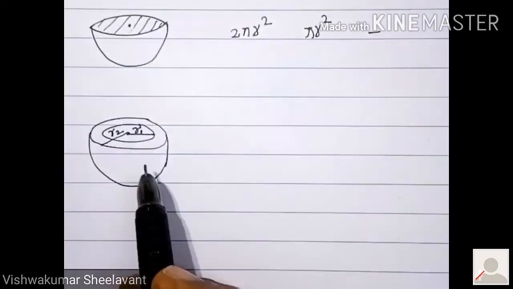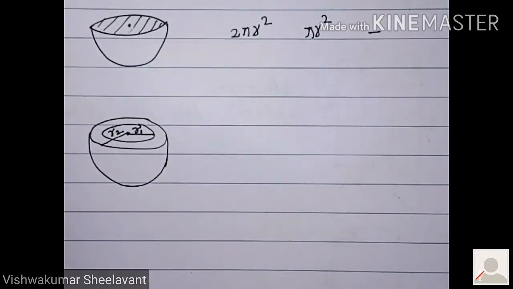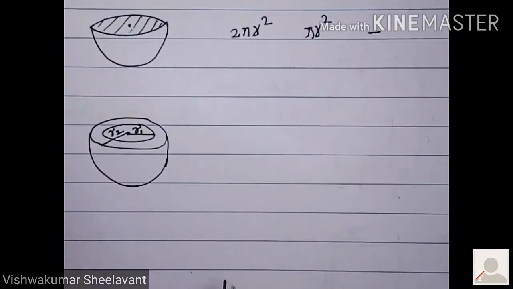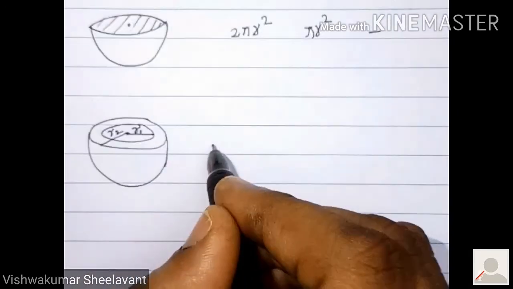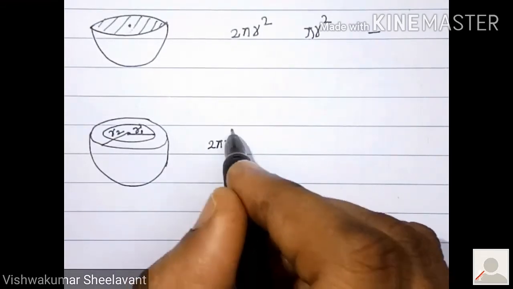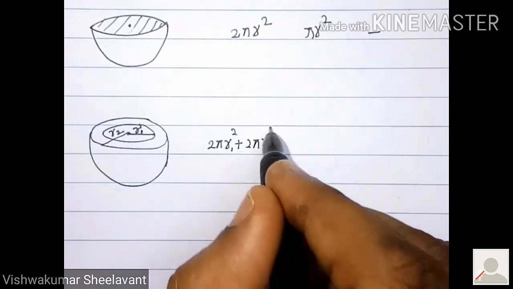What is the CSA here? The total CSA will be outer CSA plus inner CSA. That is 2 pi R1 square plus 2 pi R2 square.